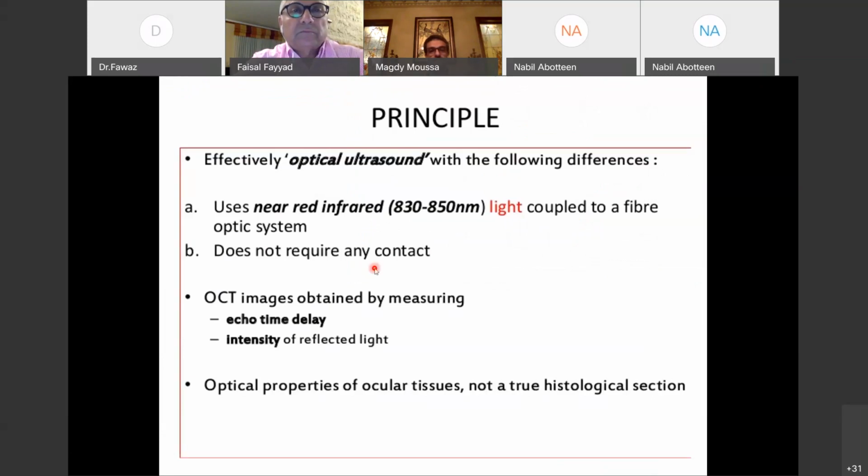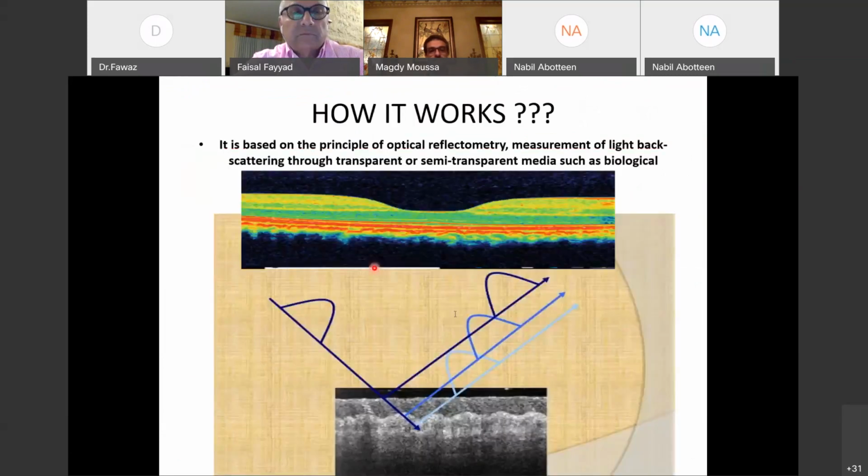It depends on sending infrared light that passes through the certain layers of the retina, and each layer will reflect this back. These reflected rays will be picked up by a special detector and analyzed, showing us an image which actually represents the reflectance of the certain layers of the macula.